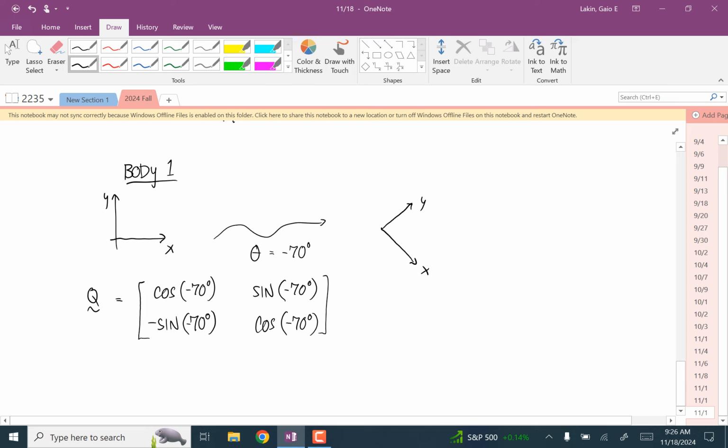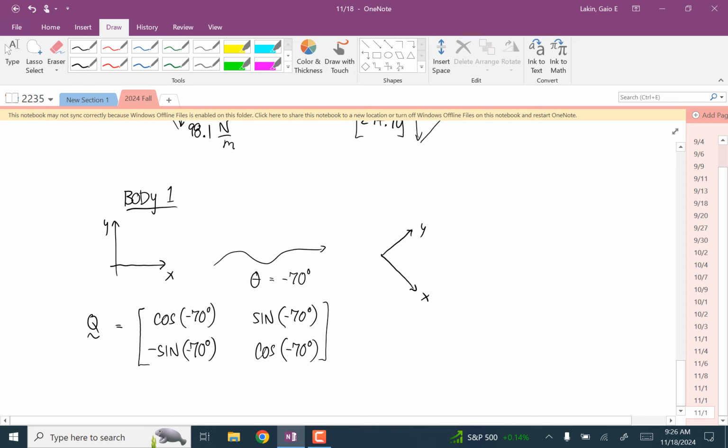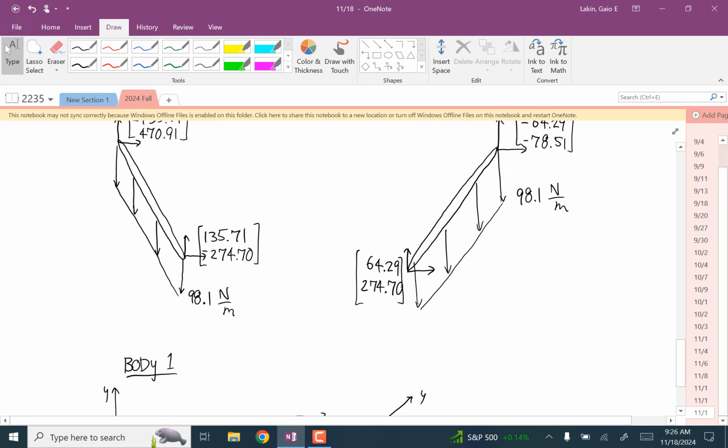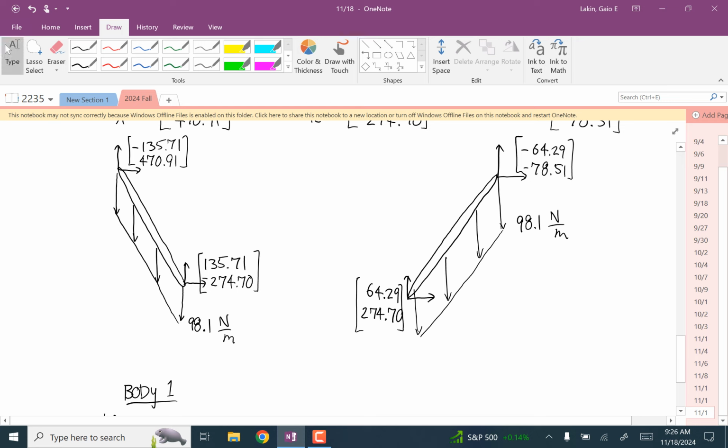Aren't we starting at the tilted y and then going to a straight one? Yeah, that's why. Remember to think of it in terms of what the coordinate systems are that we're using and not the bodies. It feels like we're going from a body that's at an angle to a body that's horizontal.